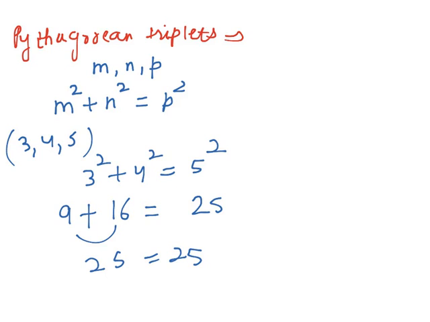If we are asked a question like prove that they are the Pythagorean triplet or not, we have to use this formula, m square plus n square is equal to p square. Another example, if we have 5, 12 and 13, and these are not consecutive. It can be any number, but m square plus n square should be p square.